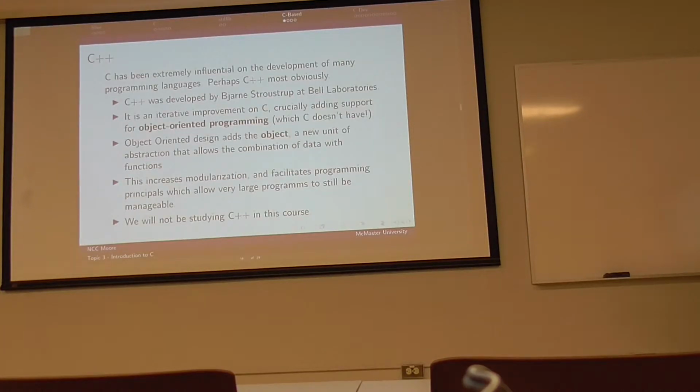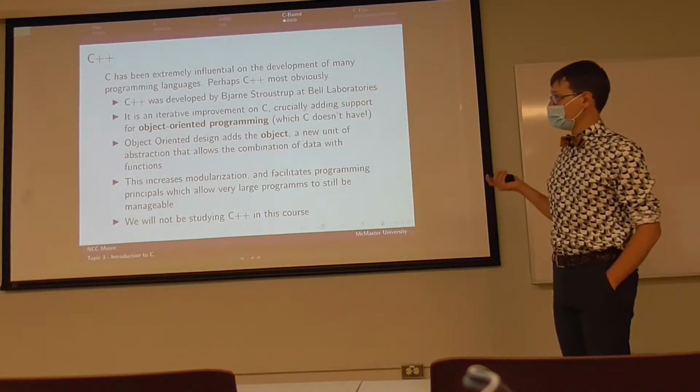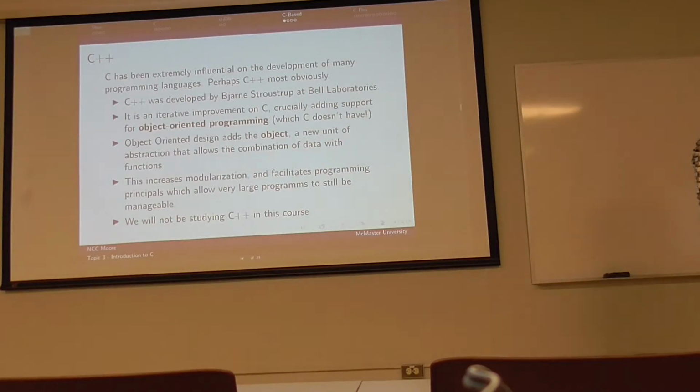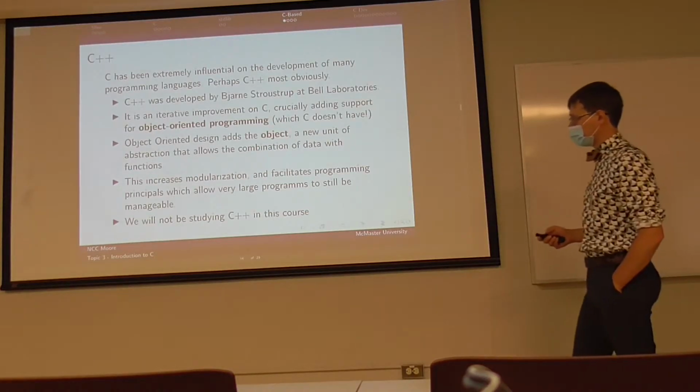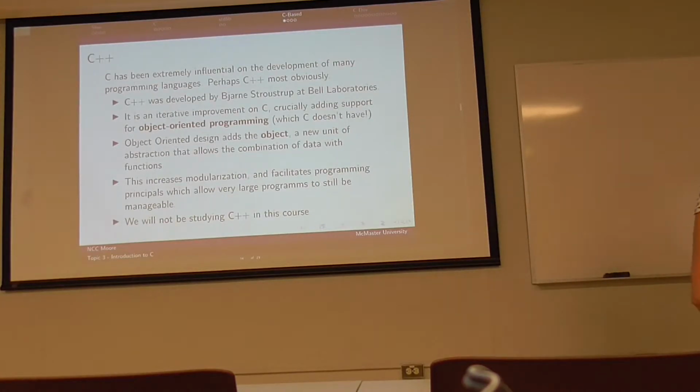So object-oriented design adds the object, a new unit of abstraction that allows the combination of data with functions. This increases modularization and facilitates programming principles which allow large programs to still be manageable. We will not be studying C++ in this class.